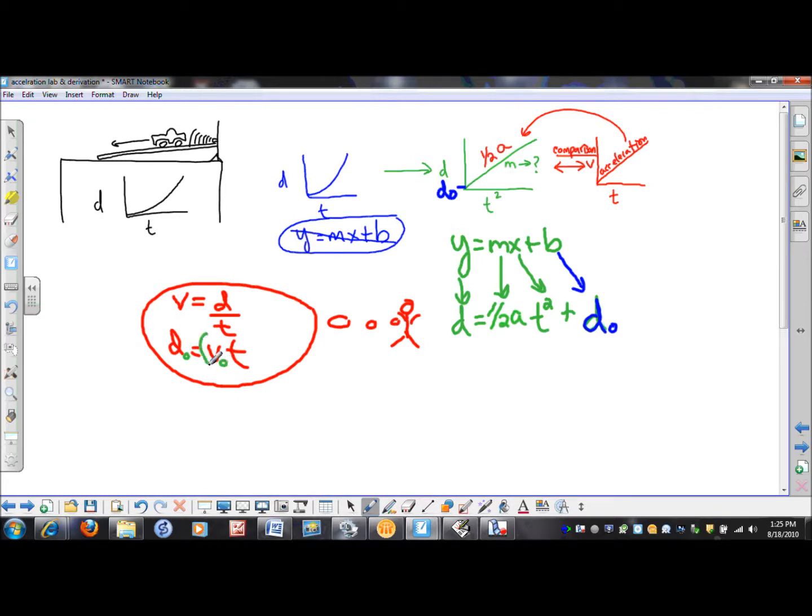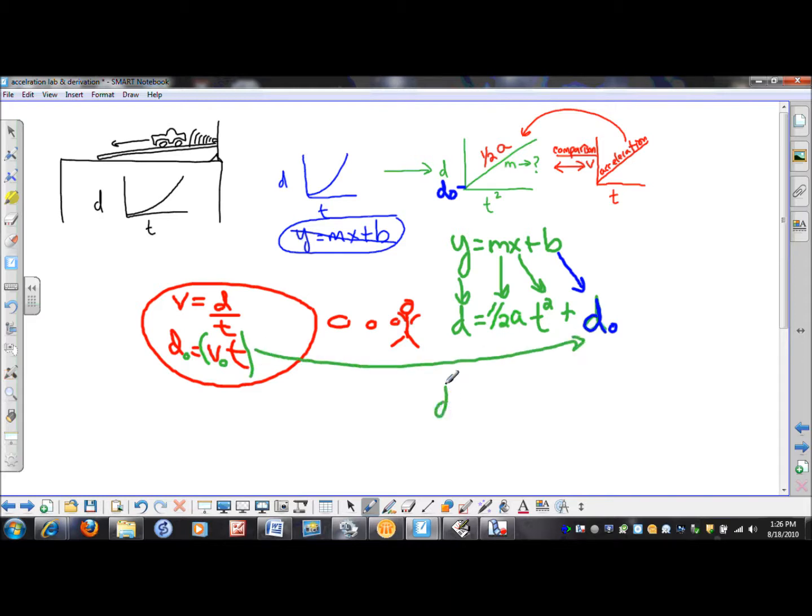I want to substitute this in. So I have a v now in my equation. Why am I doing this? I kind of know in hindsight what I want. So physicists kind of know what kind of tools they need. They can just make them out of thin air. Not really, but if you've got this, you can just kind of manipulate things to get what you want, as long as you don't break any math rules. Okay, we're not breaking any math rules. We're going to do simple substitution. Okay, we're going to substitute that in here.